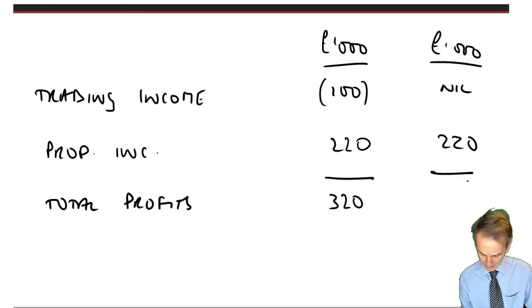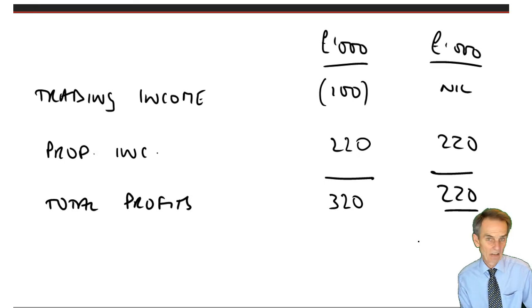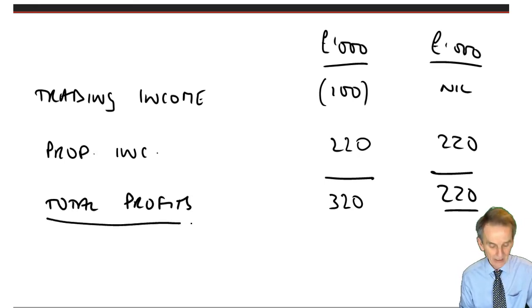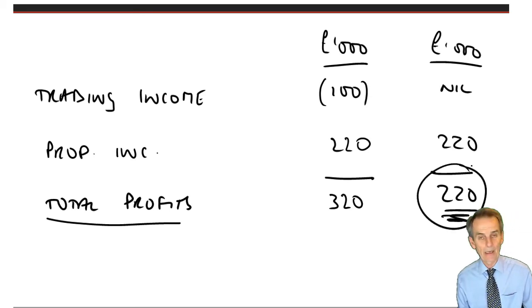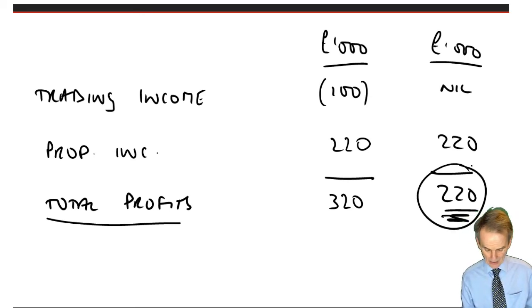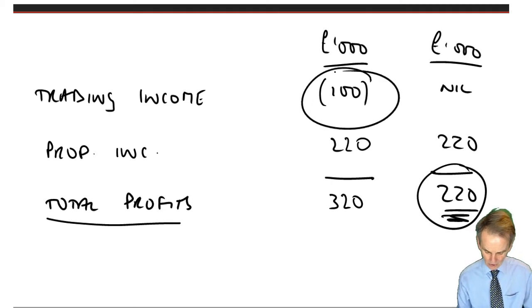So this company is a profit maker because its TTP, assuming there's no donations paid in the period, its total profits and its TTP are 220,000. So its corporation tax computation is showing it as a profit maker, a TTP 220. But it is also a loss maker there. It has that trading loss of £100,000.